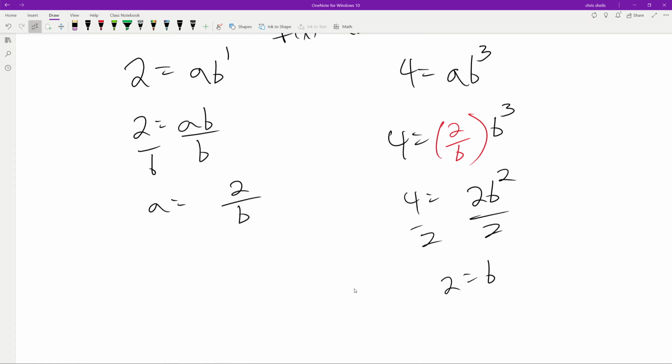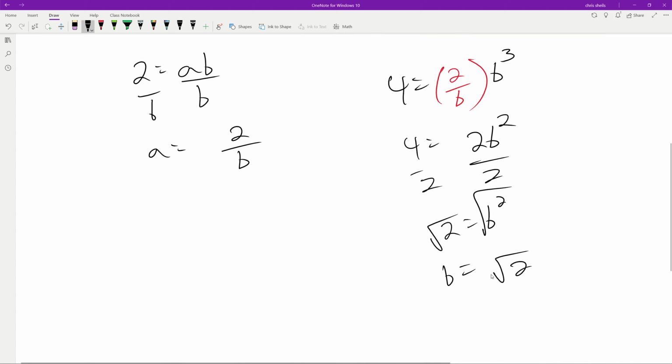I get that 2 is equal to b squared, and I take the square root of both sides. Normally I'd have b as plus or minus root 2, but because we're limiting ourselves to positive values for b, b is just the positive square root of 2.